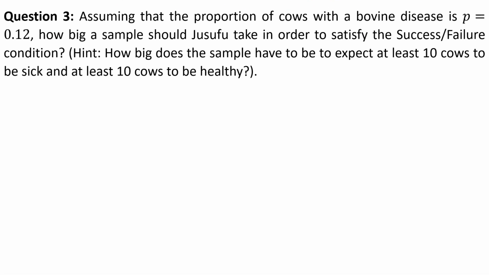Next, assuming that the proportion of cows with a bovine disease is 0.12, how big a sample should Jusufu take in order to satisfy the success-failure condition? In other words, how big does the sample have to be so that we can expect to see at least 10 cows that are sick and at least 10 cows that are healthy?